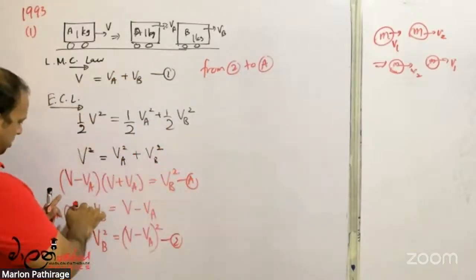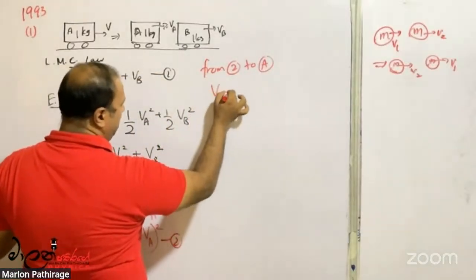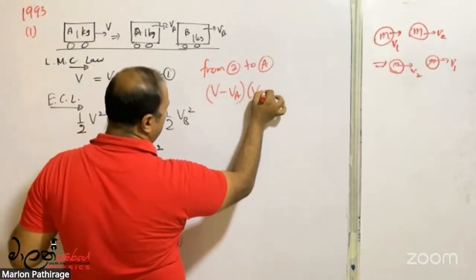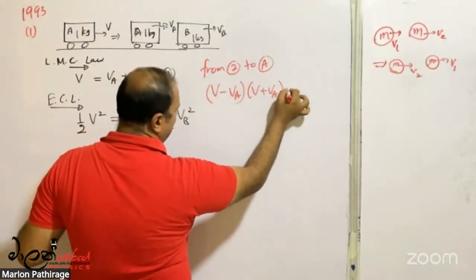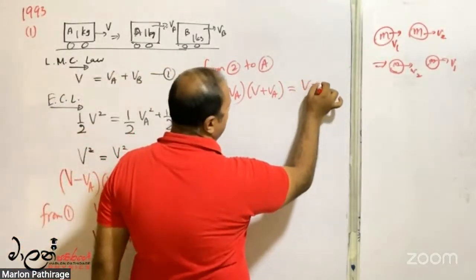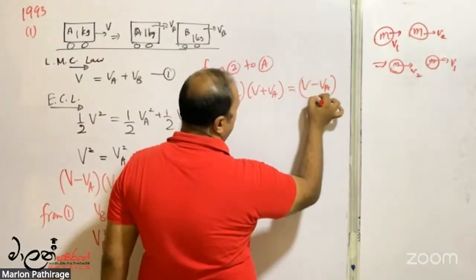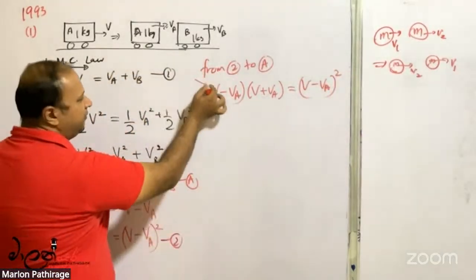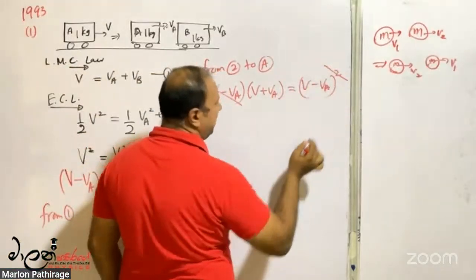Then v minus va into v plus va is equal to vb squared, that means v minus va squared. Then one v minus va cancels out with the other.